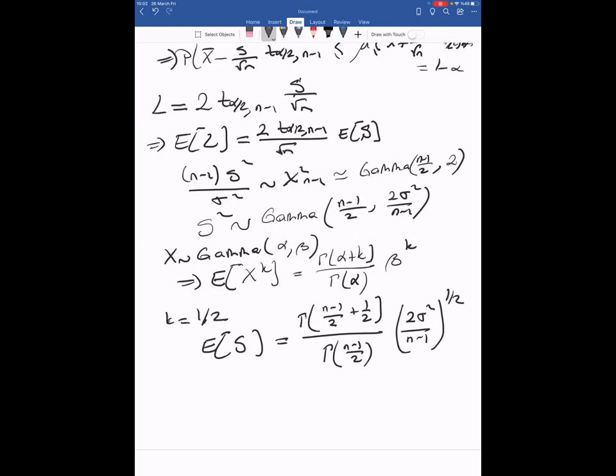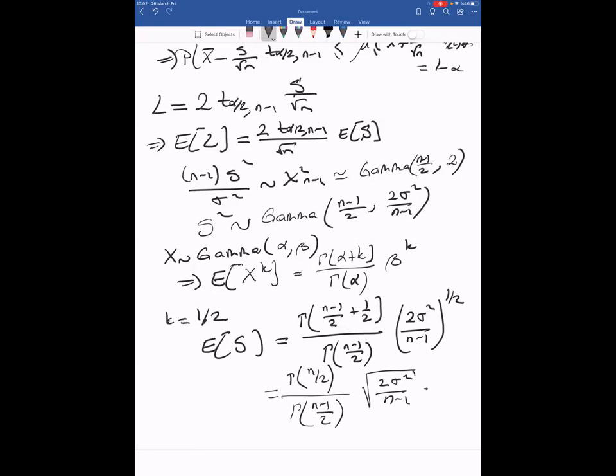So we will have the expectation as gamma of n over 2 over gamma of n minus 1 over 2, times the square root of 2 sigma squared over n minus 1.